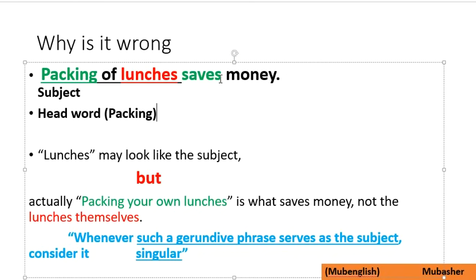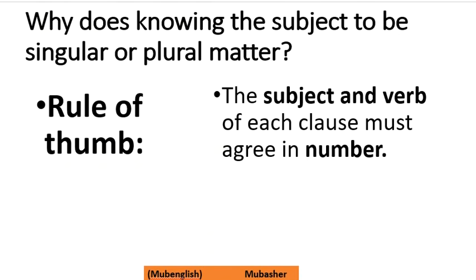So that's why if we are using it, packing of lunches save money, then lunches is a plural noun, whereas save is a plural verb. But save has been used in accordance with packing, not with lunches. So I think that's now enough debate about the topic, and you do understand how we can recognize the real subject. Now let's move on.